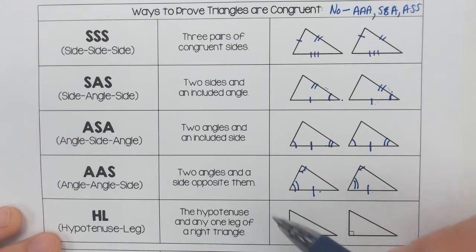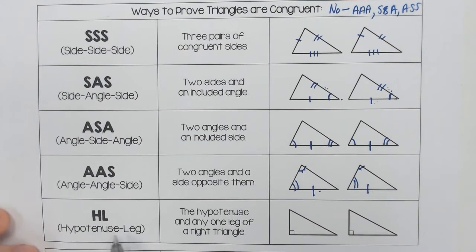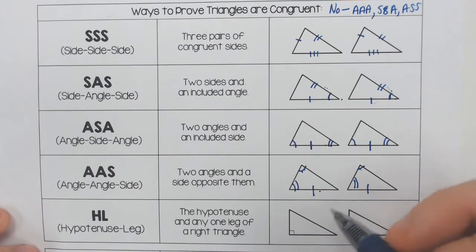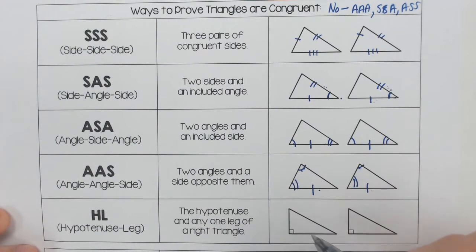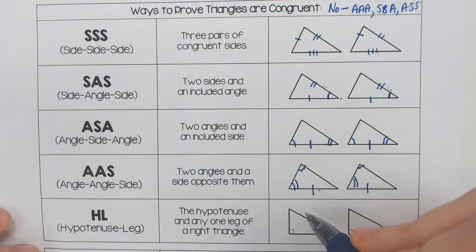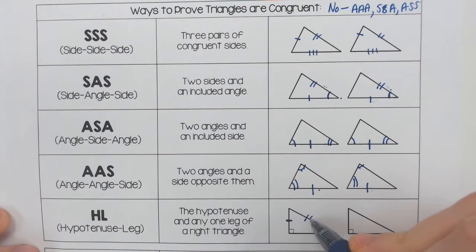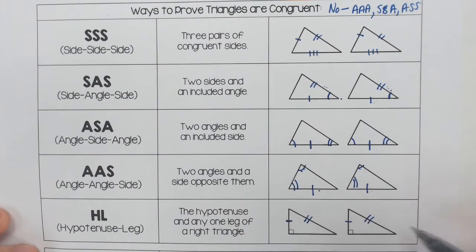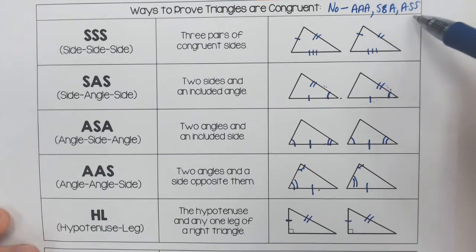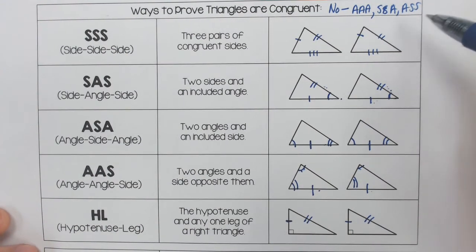And lastly, we have the very special one called hypotenuse leg, which only works with right triangles, where you know one of the legs and you know the hypotenuse is the same. Technically, this is the one that is not allowed, but it only works as hypotenuse leg with the right triangle.